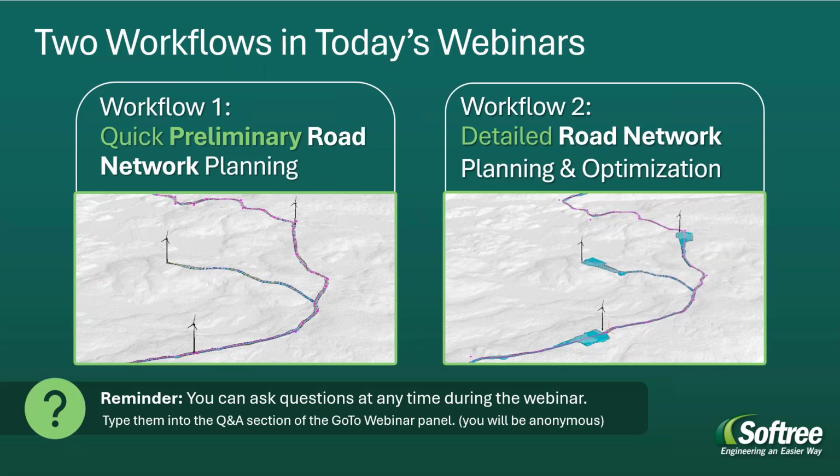We've got some turbine points, and we're going to figure out how to best connect them and where to best put our roads to get some initial construction costs. In the second half of the webinar, we're going to do a much deeper look into what that road network could look like, including the pad geometry for the turbines and the laydown areas, and optimizing those earthworks with a little bit more detail as well.